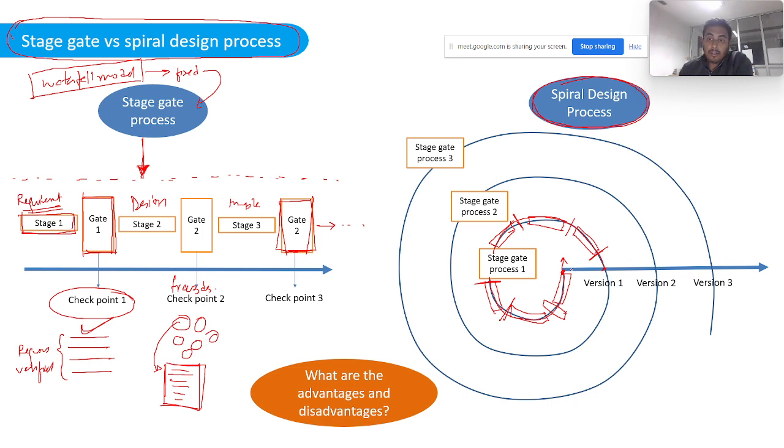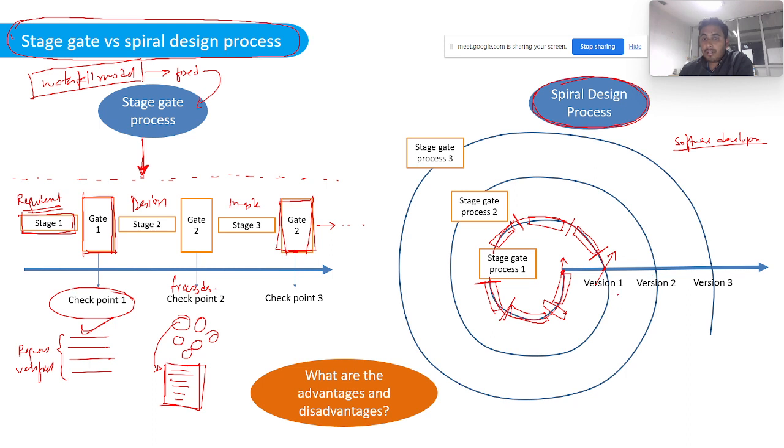And this particular design process generally is useful for software development, where you release a version of a software with time. So basically the spiral design process has a temporal component in it.